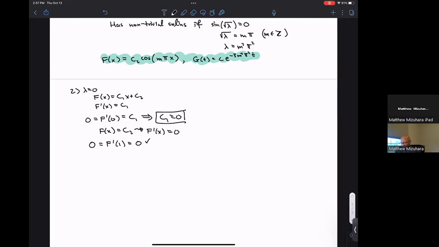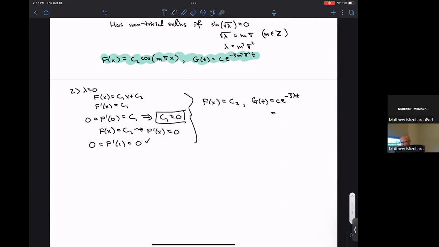What I've learned from all of this is that f of x equaling just c2, an arbitrary constant, is a solution. So this actually is another non-trivial solution to my equation. Okay, that's interesting. Again, for completeness, I should write down my associated g, which is something times e to the minus 3 lambda t.